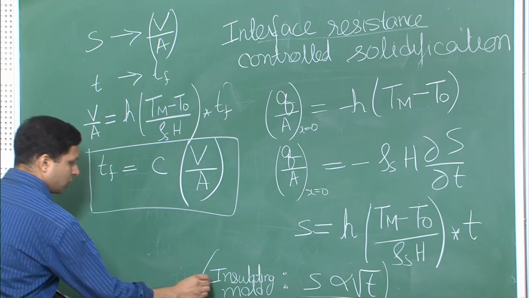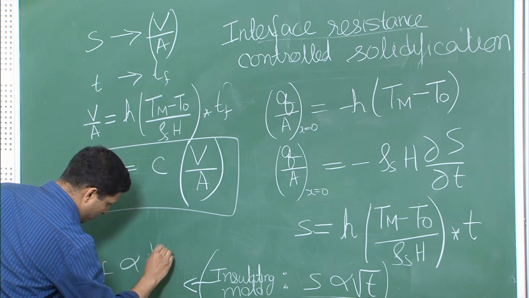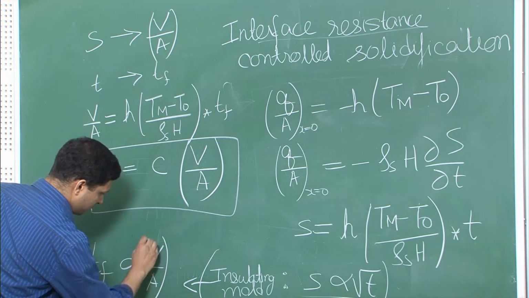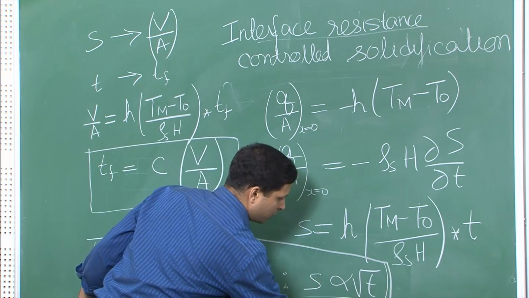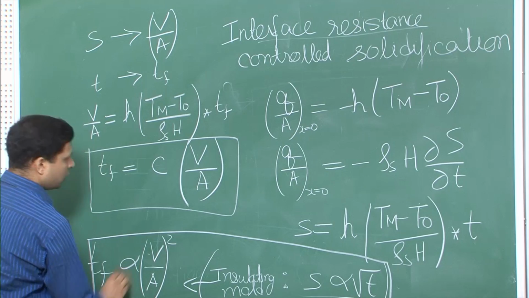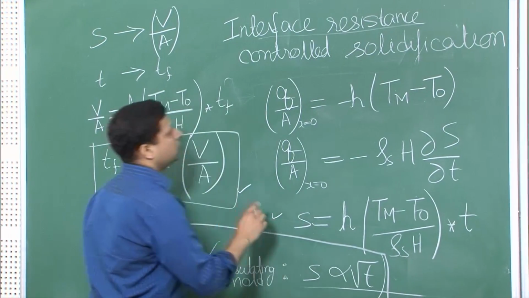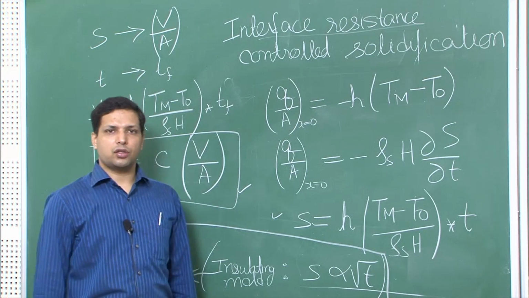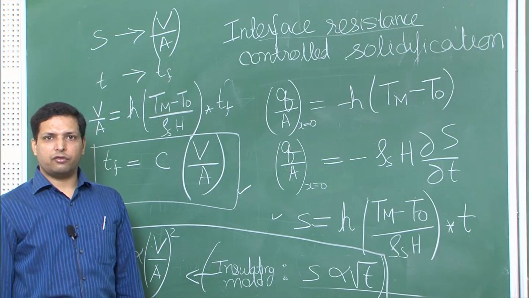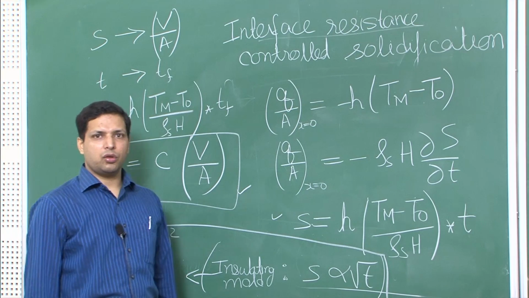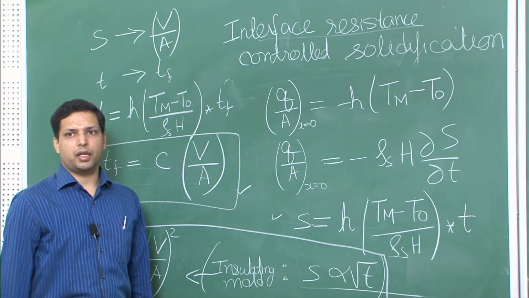Over there we had Tf proportional to, so these are for the insulating mold condition, and you see these are for the current condition, which is the interface resistance dominated solidification process. So we get very different conditions when we are talking about interface resistance or when we are talking about insulating mold.